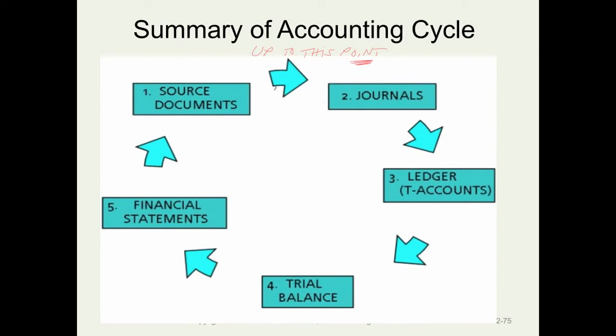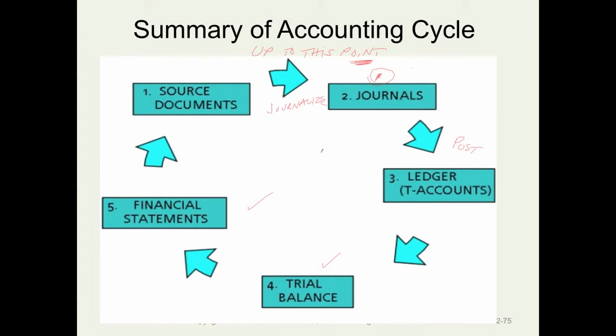In order to be recognizable, it must be an exchange of economic resources. And then to measure it, it has to be measured in the dollar. Once you do that, you first go to the book of original entry, you journalize, then you post that to the ledger, listing all those accounts, you have a trial balance, and then you issue financial statements. So this becomes our accounting cycle up to this point.